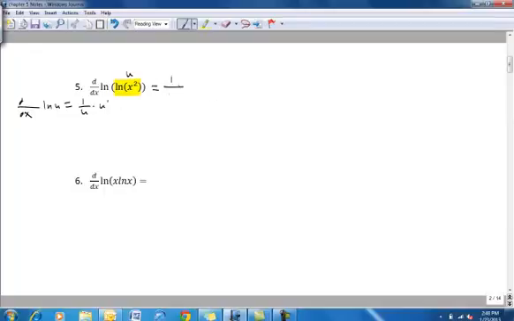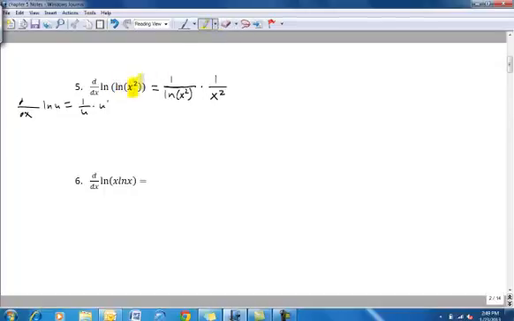So, the derivative of ln of u is 1 over u. So we see that, that's 1 over u. But now we have to multiply by u prime. So, the derivative of ln of x squared is 1 over x squared. But now what's interesting, perhaps, is that u kind of switches.